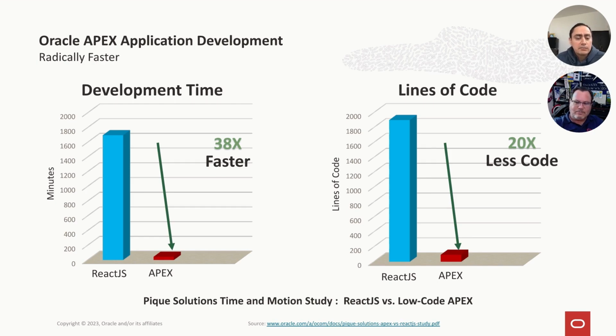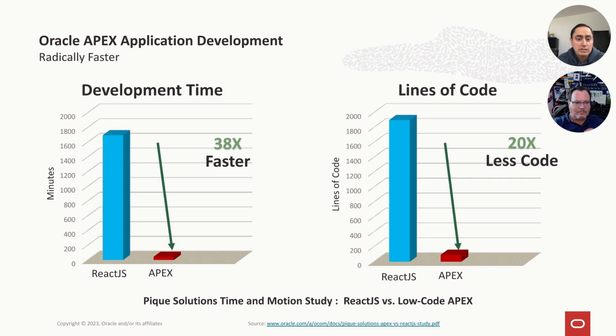Because of all of this, if you compare Apex to traditional application development, you see incredible gains in productivity and a tremendous reduction in the lines of code required to build the same application. So we did a study with Peak Solutions, building an application using React.js versus low code with Apex.